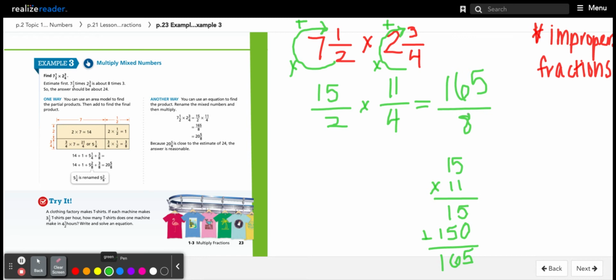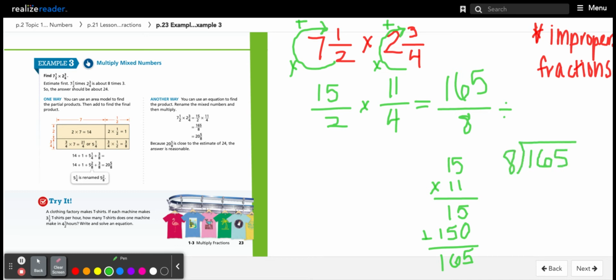Well, this is an improper fraction. My top is bigger than my bottom. So now I'm going to have to see how many times does 8 go into 165. It's like I'm saying, what's 165 divided by 8? Well, I'm going to do that division here. 165 divided by 8.